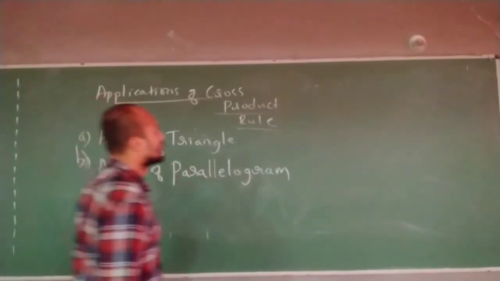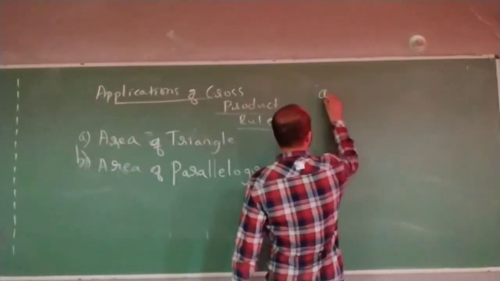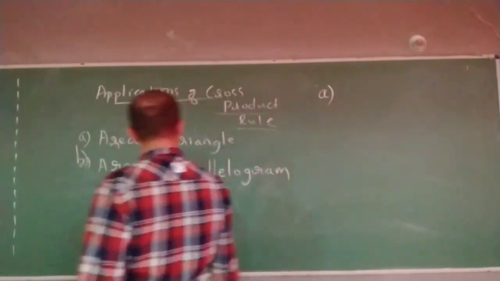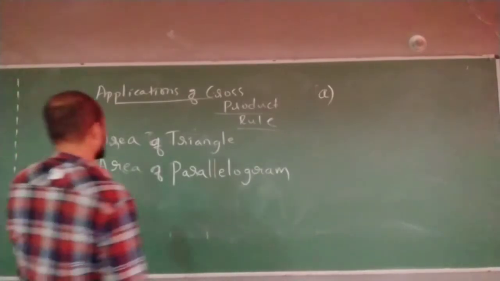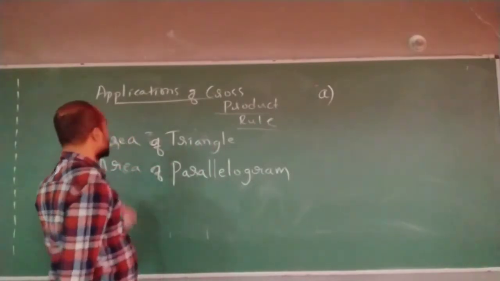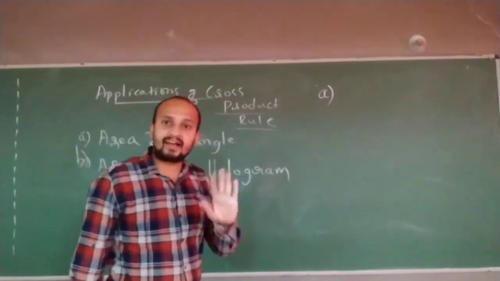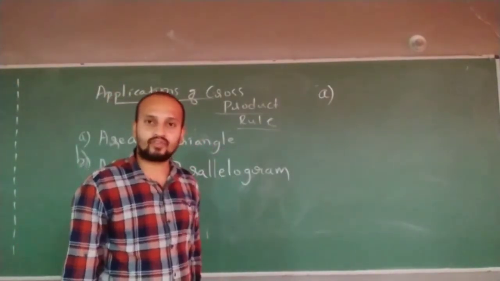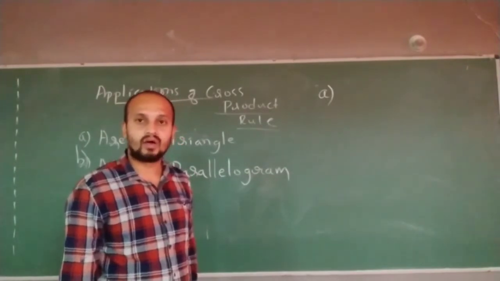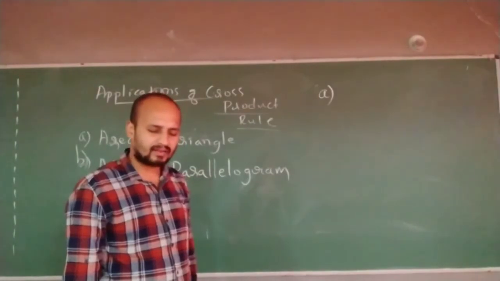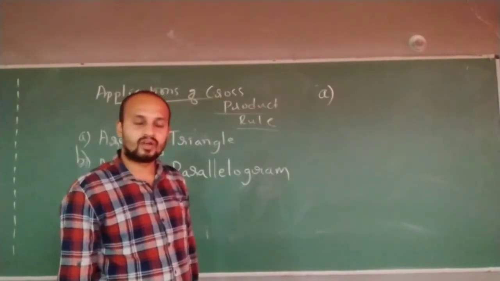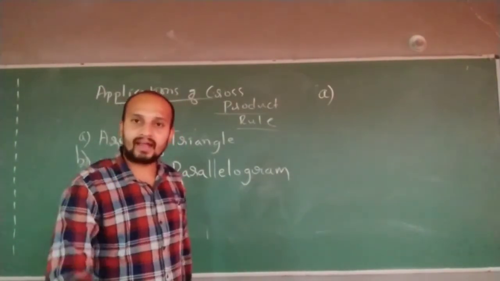Got it? First one, area of triangle. What is that area of triangle? If two sides of the triangle are vectors, we can find the area of the triangle.